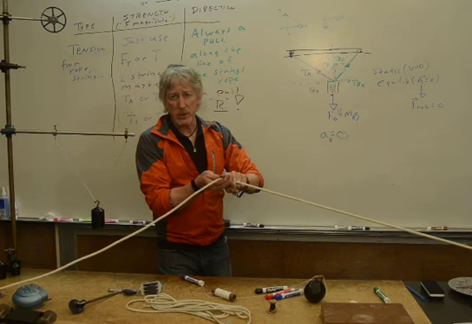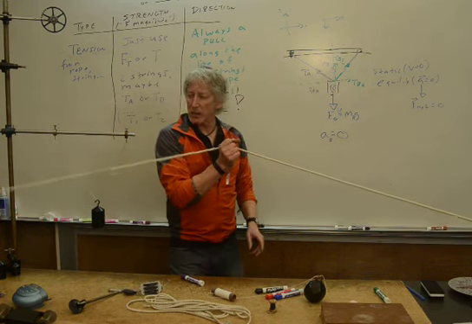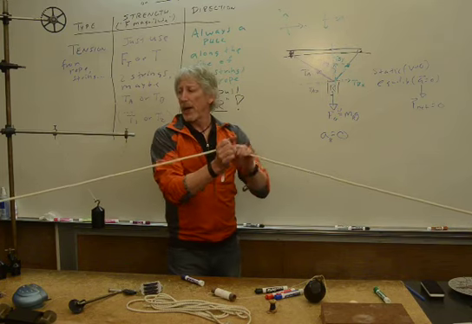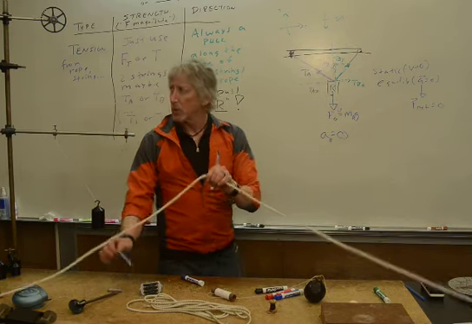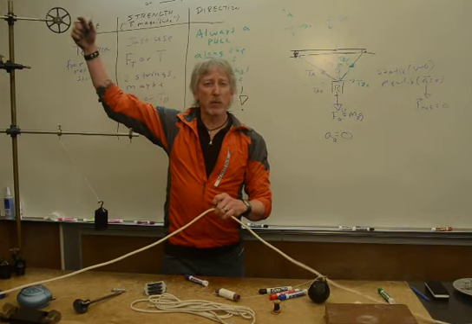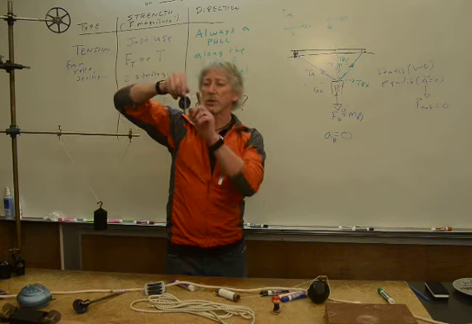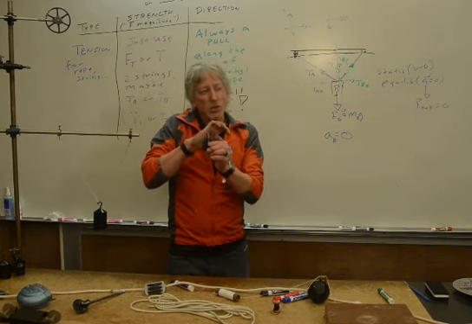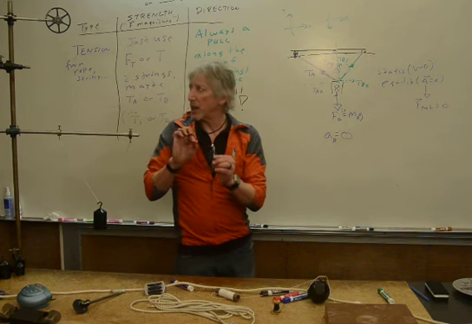For our models, as an introduction, we deal with cases like this, and then the tension will be considered the same. Our pulleys that we use will be considered low mass, low friction, negligible mass, negligible friction pulleys. And in that case, we can say the tension strength on either side is the same.